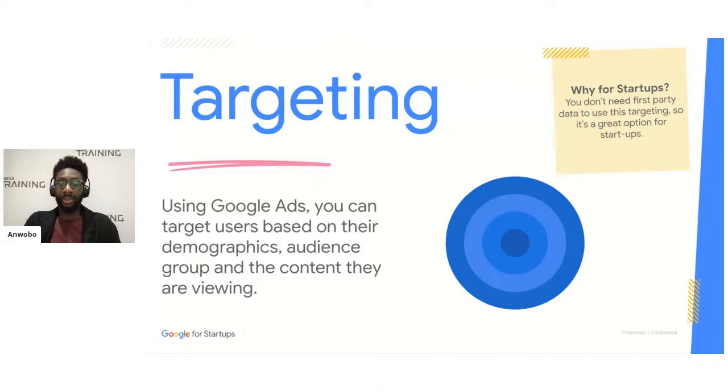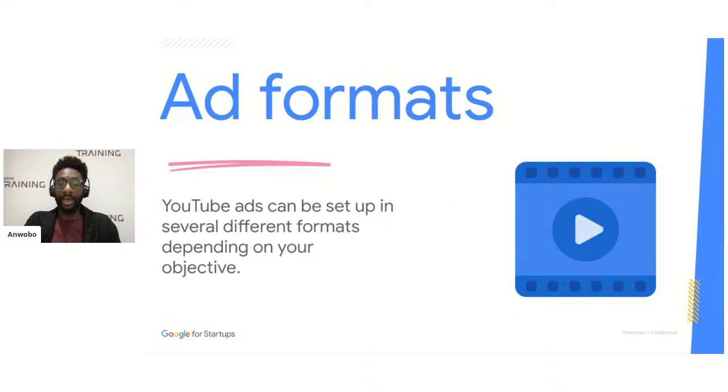So of course, the other thing we have to talk about are the ad formats that we are able to set up and show to our users. Now, of course, when we think about YouTube advertising, the one format I immediately think of is the skippable ad format that we all know and love.